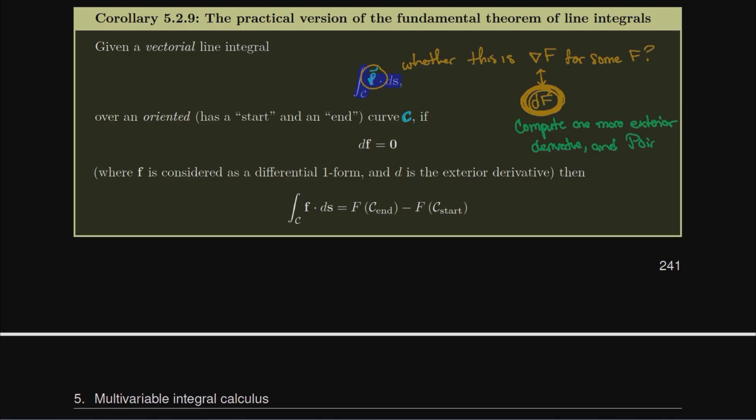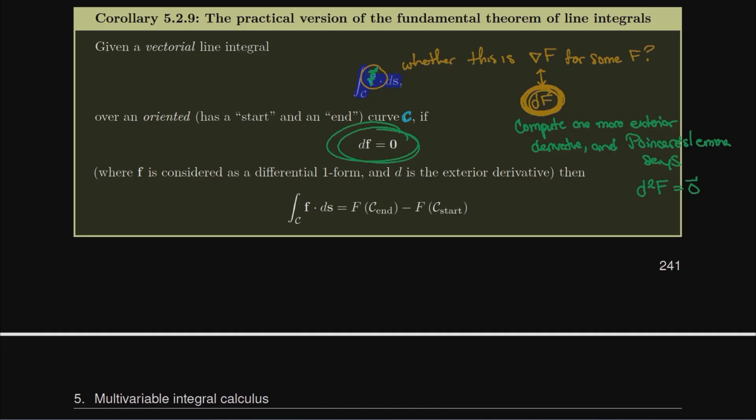And Poincaré's lemma says it has to be 0, right? D squared of capital F would have to be 0, but of course that means lowercase f, which is the first copy of D capital F, just one extra exterior derivative. That should be 0. In other words, is it closed?